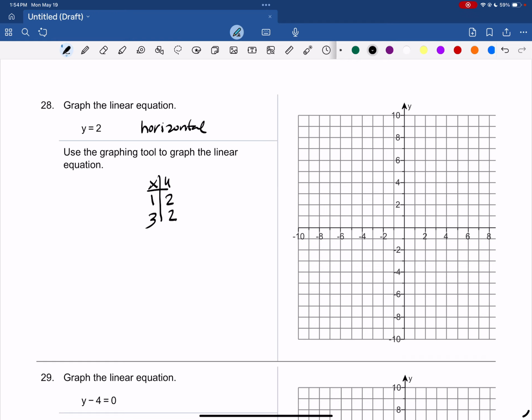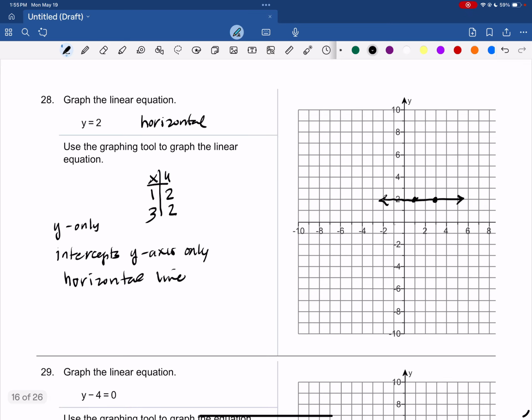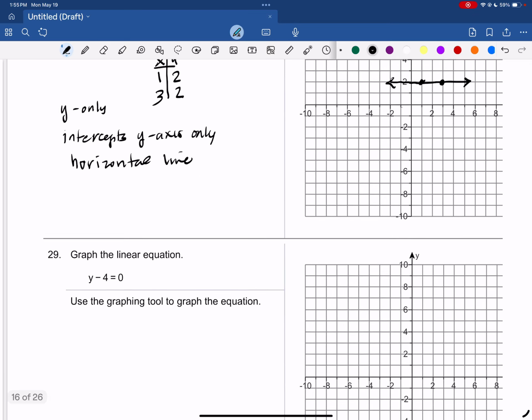I go over 1, up 2, over 3, up 2, and notice it's going to be a horizontal line. Y only intercepts the y-axis only, which means it has to be a horizontal line. And in this case, it's a horizontal line through 2.